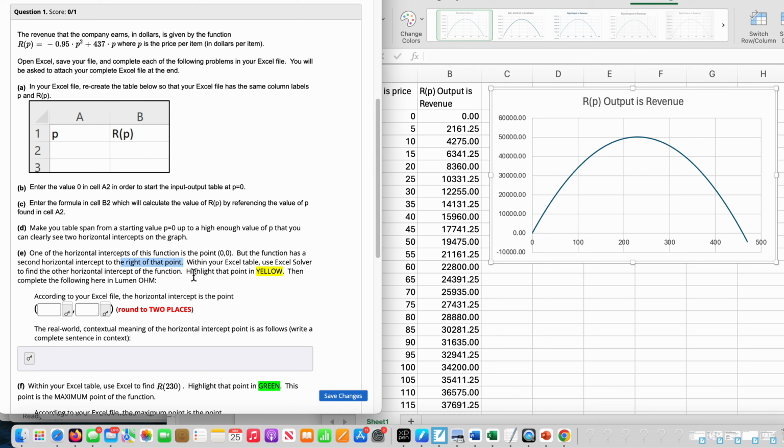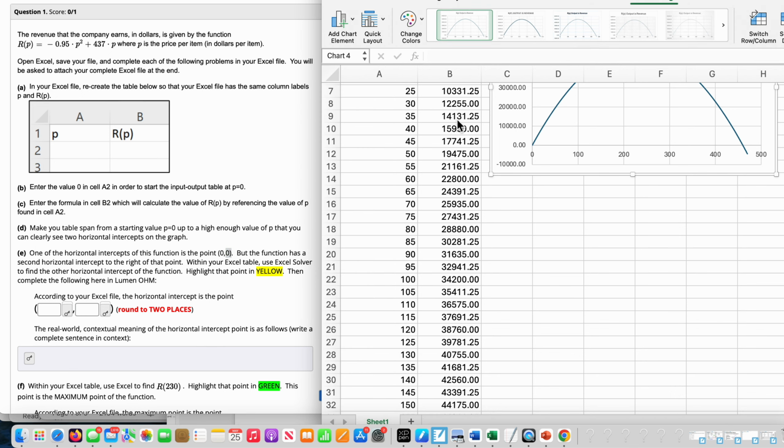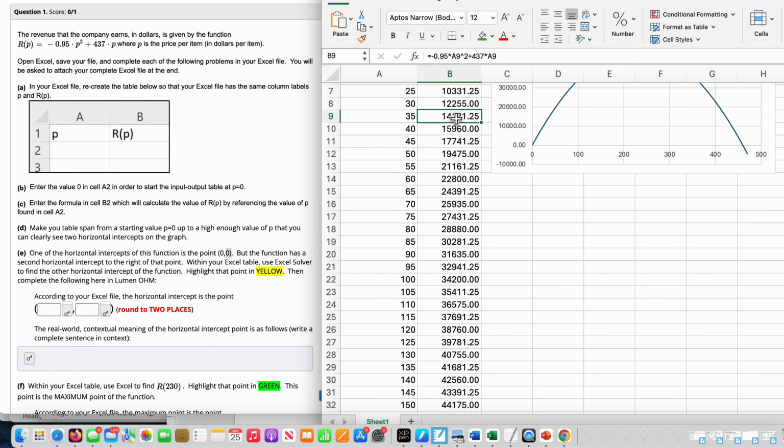So I know that when I have a horizontal intercept, my output or my y value is 0. We always use solver when we're given the output value and we want to solve for the input value that results in a particular output. So when I look at my table here, I want to scan down my table, and I want to do it within the table.